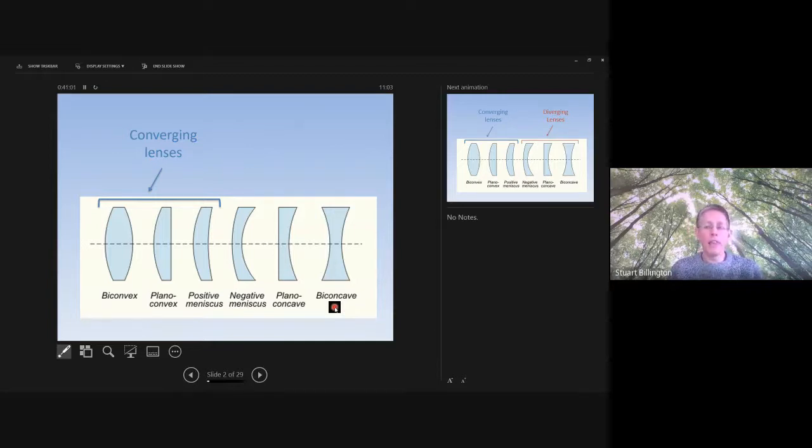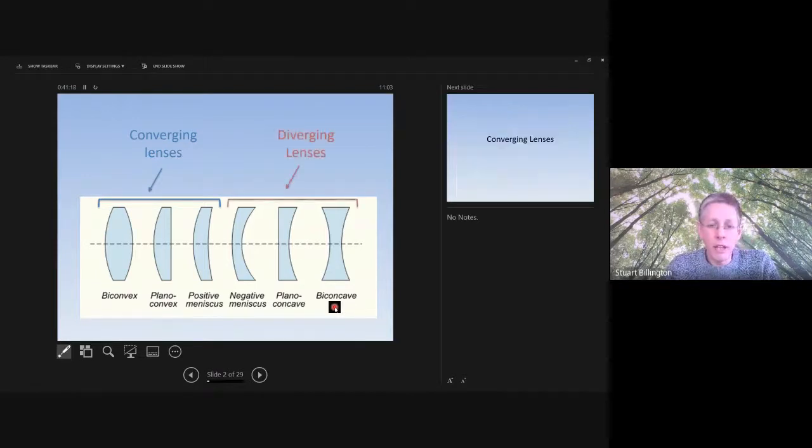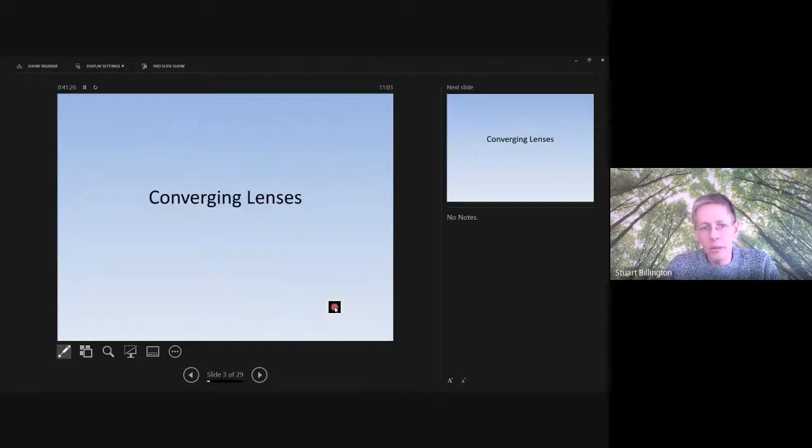And then we have today learnt how to do some lens diagrams so that we can predict what will happen rather than having to do the experiment every time. What I'd like to turn our attention to now for the last 15 minutes of the lesson are the diverging lenses. We're going to do this a little bit more quickly, but you are going to need the second worksheet now. So let me whiz back through this.